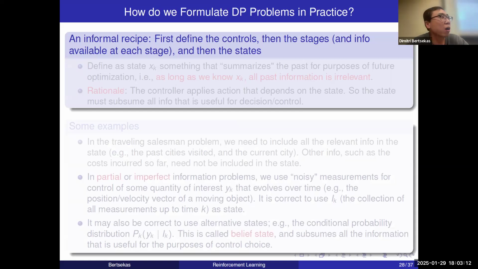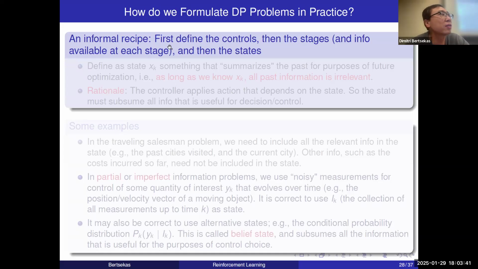it is sort of an art to know, given a practical problem at hand, what is the state, what is the control, and how do I design the stages and so on. Fortunately, there are some rules of thumb, and we provide an informal recipe.